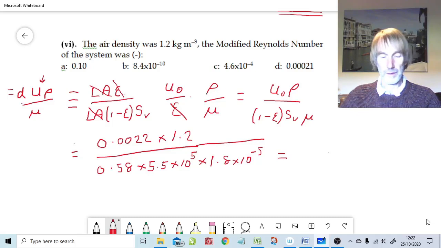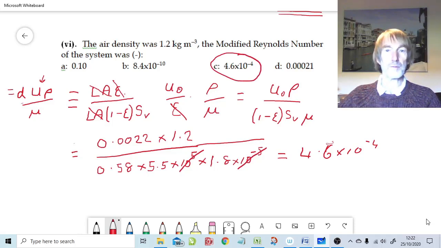That gives us a value of 4.6 times 10 to the minus 4. Clearly we've just cancelled these two out. So the answer is C.